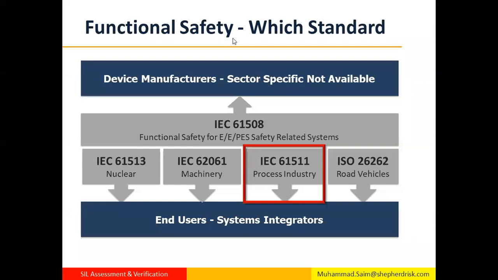We are going to talk more about IEC, which has two types of standards: IEC 61508 for the equipment manufacturer, and others for end users, for the nuclear industry, machinery, process industry, and road vehicles. We are mostly related to the process industry, so we use IEC 61511 in combination with IEC 61508.